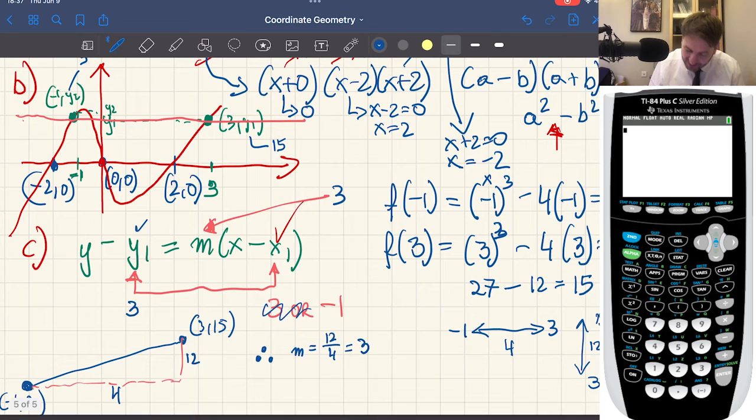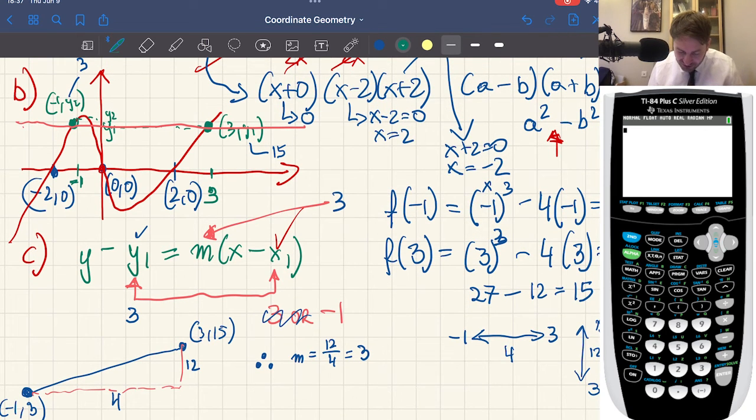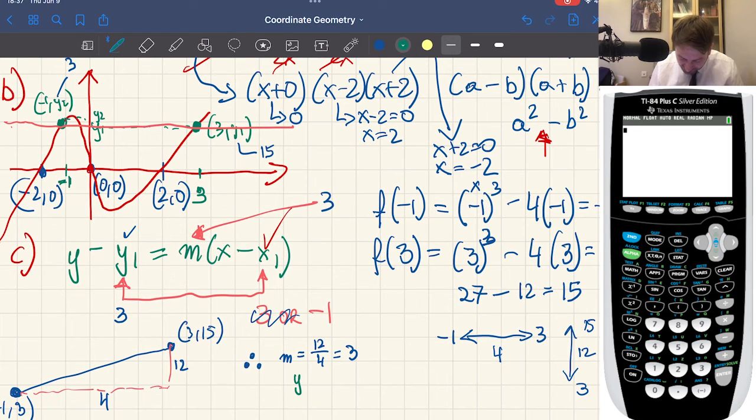Now I know it is 3, and I'm going to put all this in the equation. So y minus 3 equals 3 times x minus, and don't forget that there's a minus 1, which gives you a plus 1. I'm going to move this minus 3 to the other side. It's going to become plus 3.